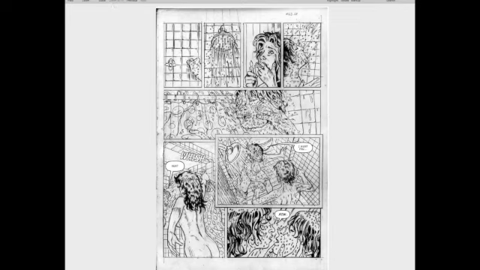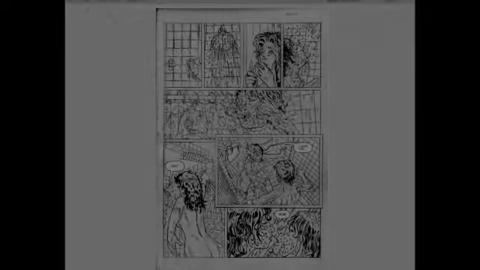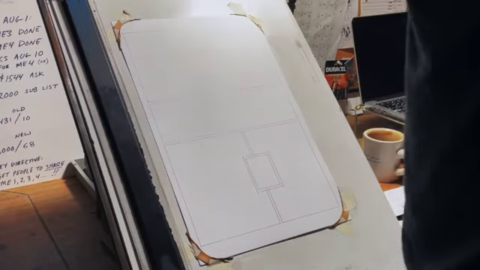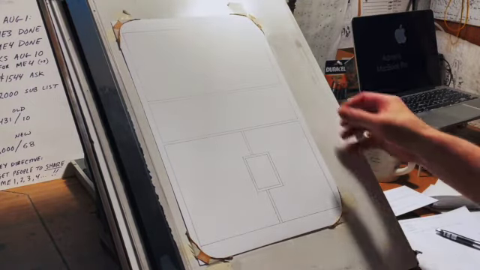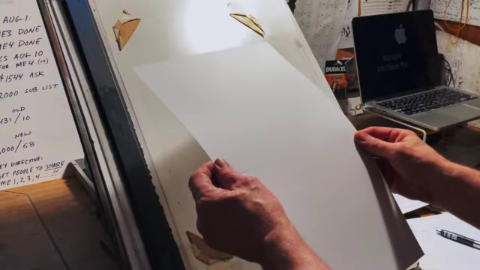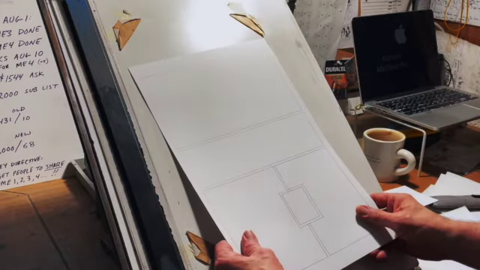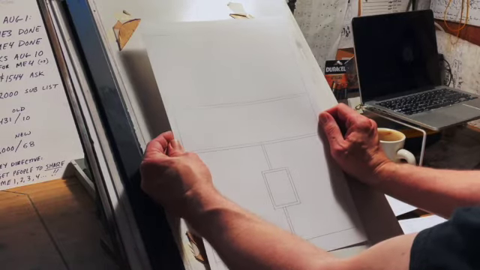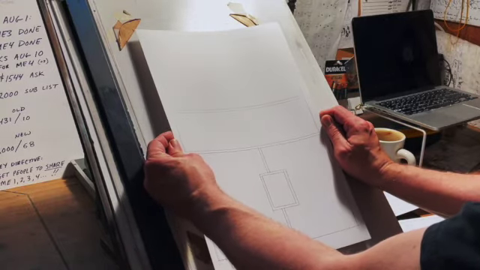Okay, so let's get ahead and start thinking about the penciling process. Let me start out with what this is. It's Bristol board, smooth, 11 by 17 inches.